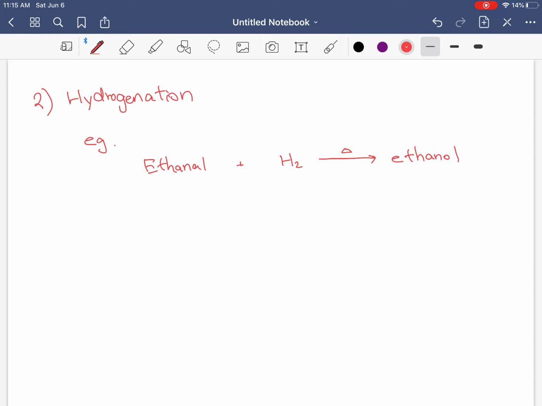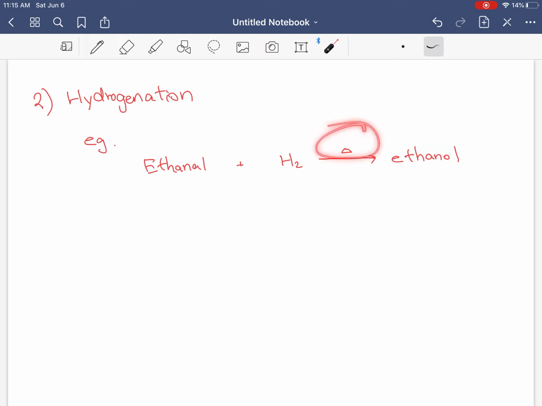So it's sort of like the reverse of oxidation, but it's not a reverse, because you're not taking ethanol and reacting it with water to get ethanal. So it's not a complete backward of what we saw with example 1. This is different. This is hydrogenation. There's no reducing agent here. All you need is a little bit of heat.